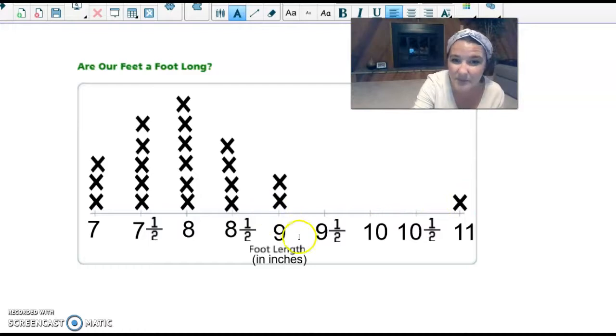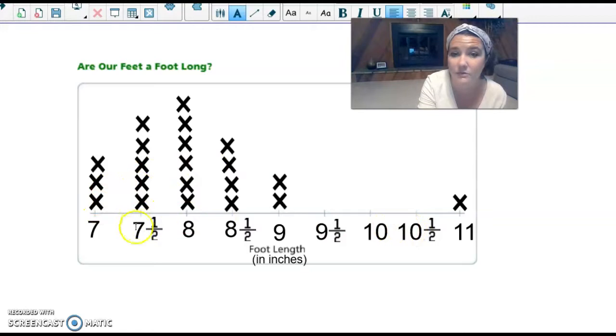Because if I put it up here and put 9, 11, we wouldn't be able to tell, okay? So when you're creating your line plots, especially with the data that we collected today, once you have the lowest measurement, and let's say you're counting by half inches, each hop has to be equal, kind of like a number line.